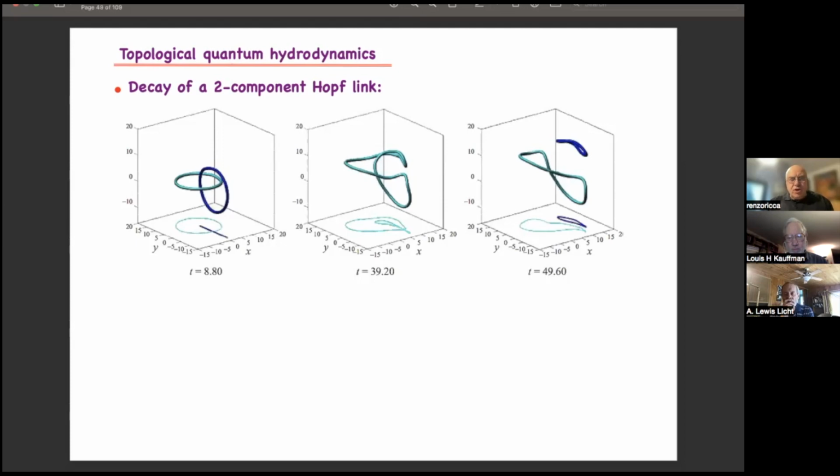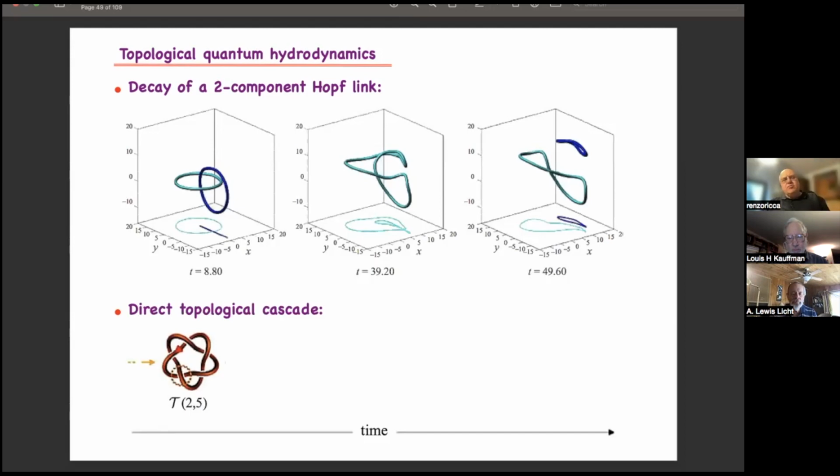into separate loops has been investigated by many other authors, and the common view of this phenomenon is the following. You start with, say, a much more complex configuration, for example the 2-5 torus knot that you have there.